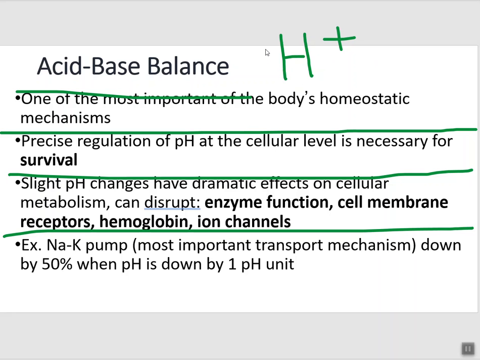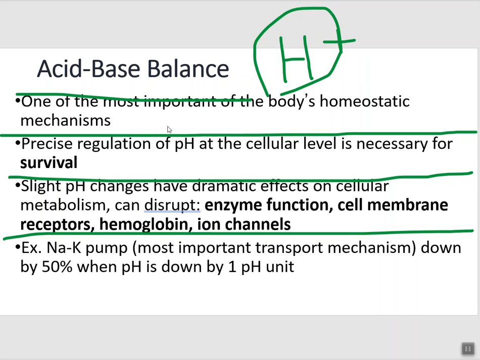If you have more than the neutral, then you're acid. If you have less than is normal, then you're alkaline. This is very important for our homeostasis. We have to keep this under control or we can't survive.